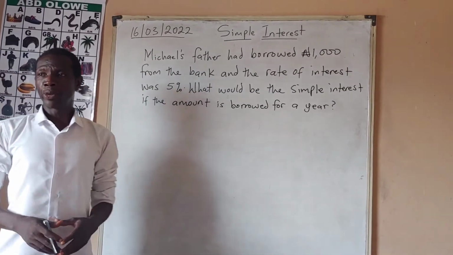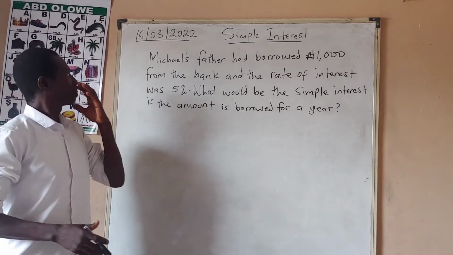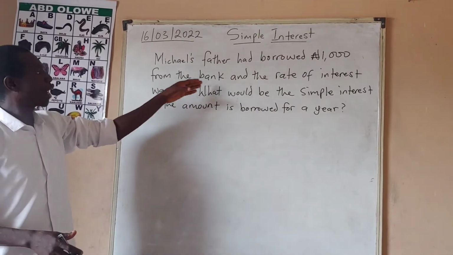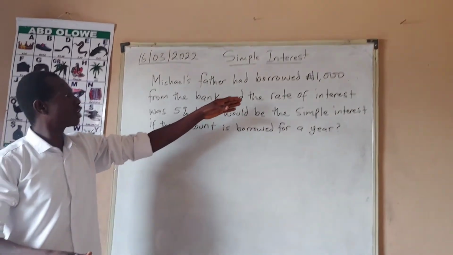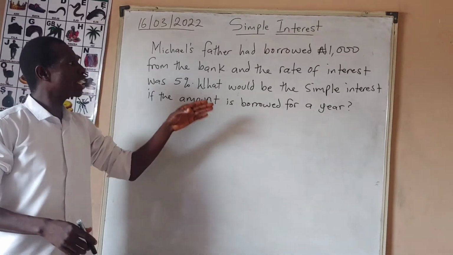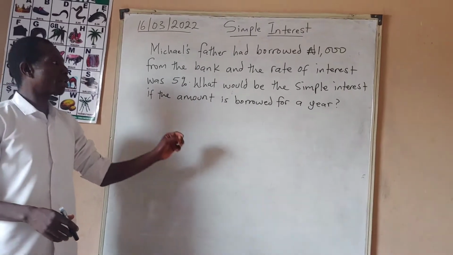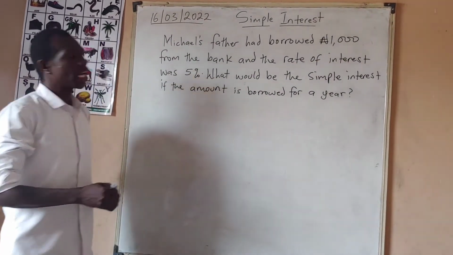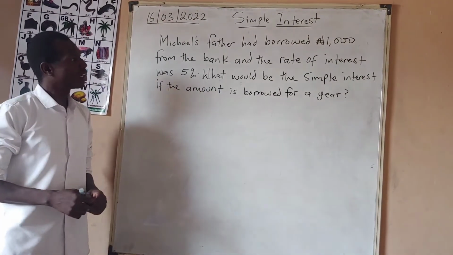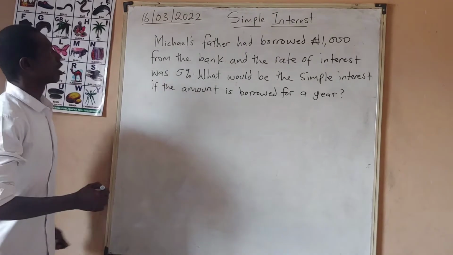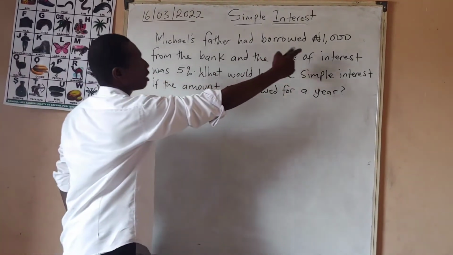Here is an example of a question. Michael's father had borrowed 1,000 naira from the bank and the rate of interest was 5%. What would be the simple interest if the amount is borrowed for a year? So let us bring out the parameters that are given in this question. So how much did the man borrow?